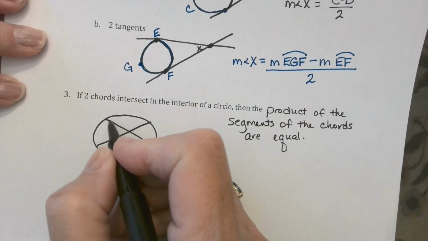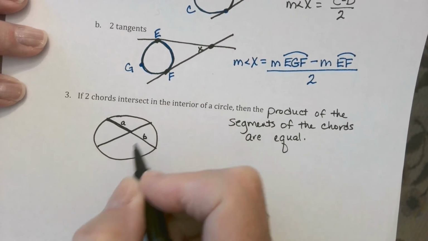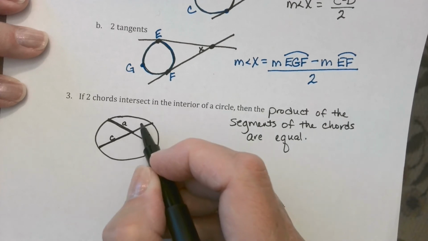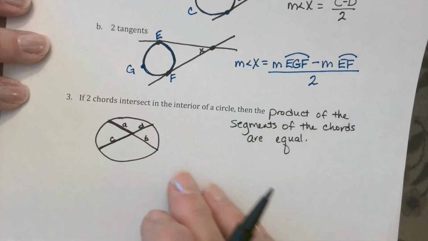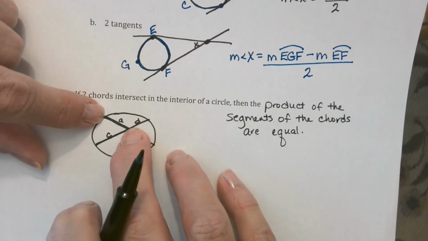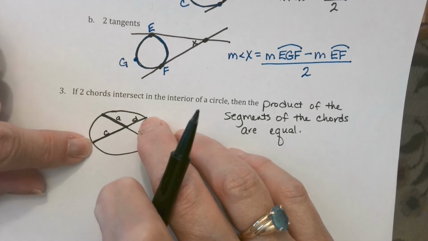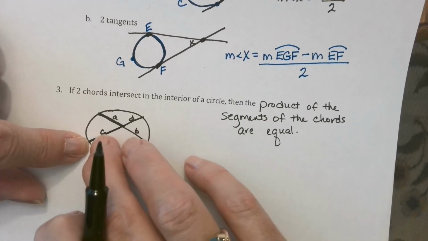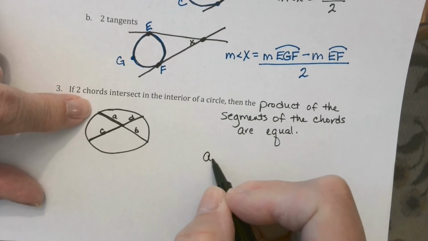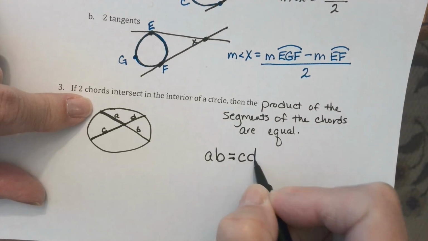Let's call this measurement little a, this part little b, this part little c, and this part little d. This is one chord, and its segments are this one and this one. This is another chord, with these two segments. So it's the product of the segments: a times b equals c times d.